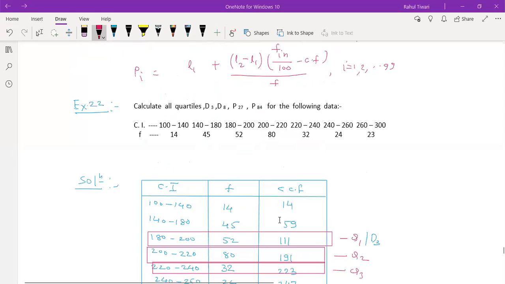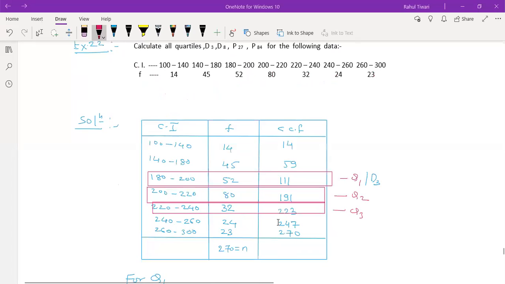So how can we find the answers using the graphical method? We have studied more than 3-4 methods to get answers using graphical methods: the less than CF type we have drawn, the histogram we have done, right? Then the stem and leaf diagram we have seen, and so on. So we will see slowly how you calculate the median using some graphical technique.